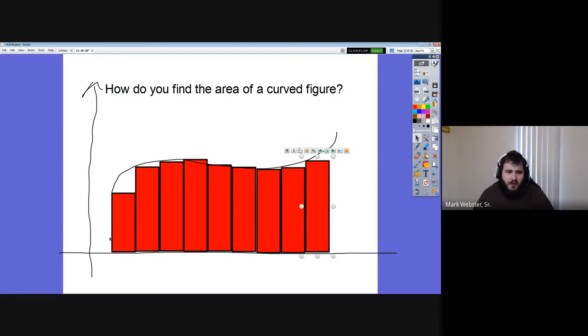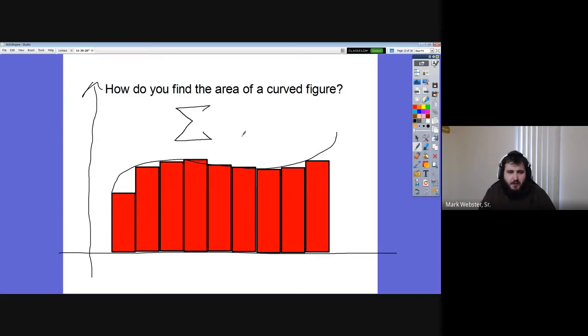And what's really nice is all these rectangles have the same base length. It's just a matter of calculating the height, which is your f of x. We'll get into a lot more of what this means. But basically, we're going to take all these rectangles and add them up. Hopefully, in pre-calc or maybe Algebra 2 honors, you've at some point talked about a sum.